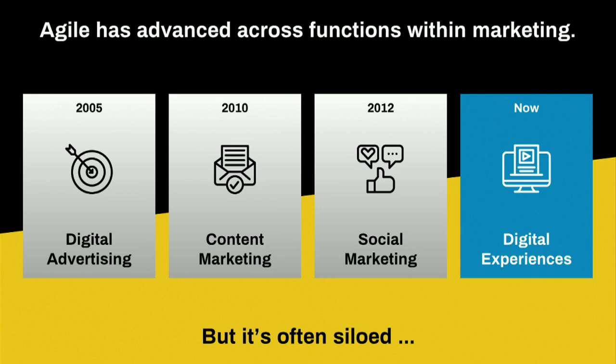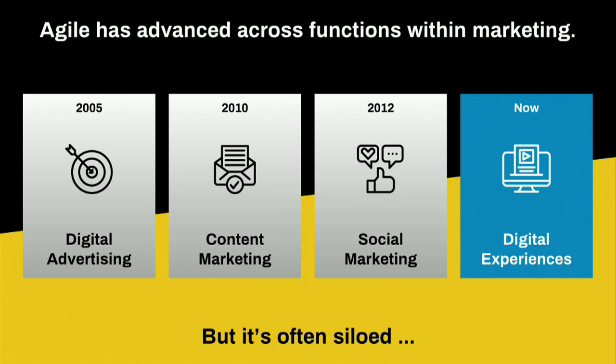The way that Agile has made its way into the marketing function, it's been marching through different functions. Really, it started with digital advertising. We didn't call it Agile back then, but essentially, purpose-built tools that helped us optimize ad spend, right? Do multivariate testing. Those kinds of things are very much within the Agile mindset or an Agile framework. We then extended to content marketing.